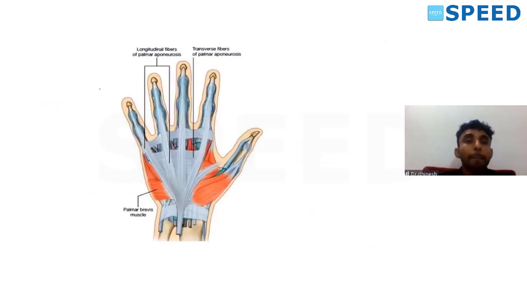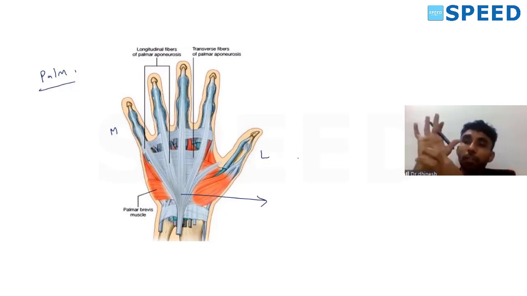The topic is palmar aponeurosis. Actually, we are seeing the palm in this diagram. This is lateral side. This is medial side. Are you able to see one triangular shaped structure formed at the middle of the palm? I am talking about this one. This is the palmar aponeurosis.